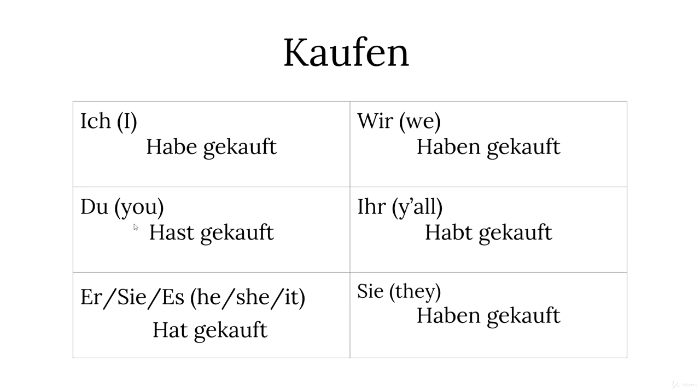You bought. Sie hat gekauft. He, she, it bought. Wir haben gekauft. We bought. Ihr habt gekauft. You bought. And sie haben gekauft. They bought. So gekauft stays the same, and you only have to change the verb haben.